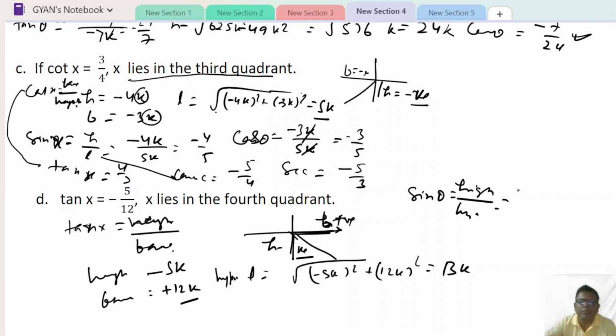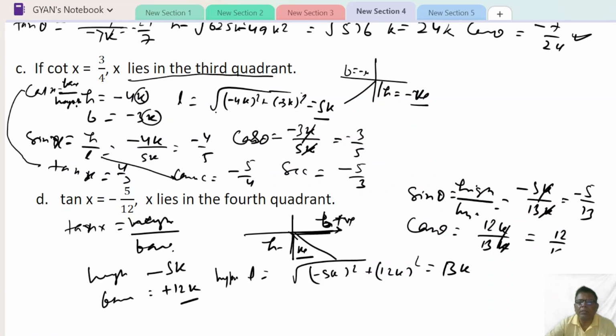Height is minus 5k over 13k, so k gets cancelled and this is equal to minus 5 by 13. And cos theta is equal to base over hypotenuse. Base is positive 12k and hypotenuse is 13k.